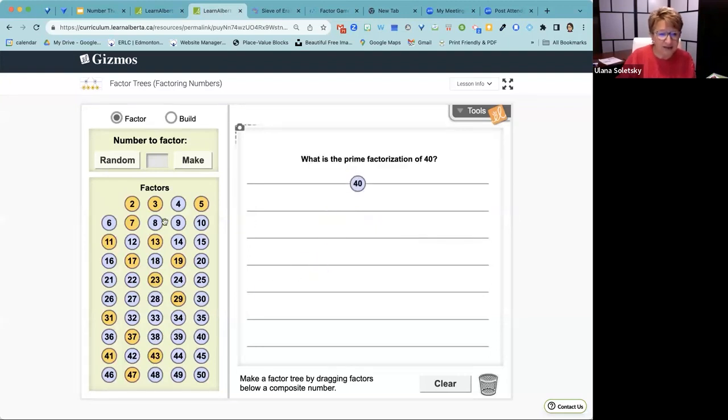I could say that that is the same as, no, I'm going to choose 4 times 10. Oops, 4 times 10. And then I would have to do this. And then I would have to do, oops, I need to move this over a bit.